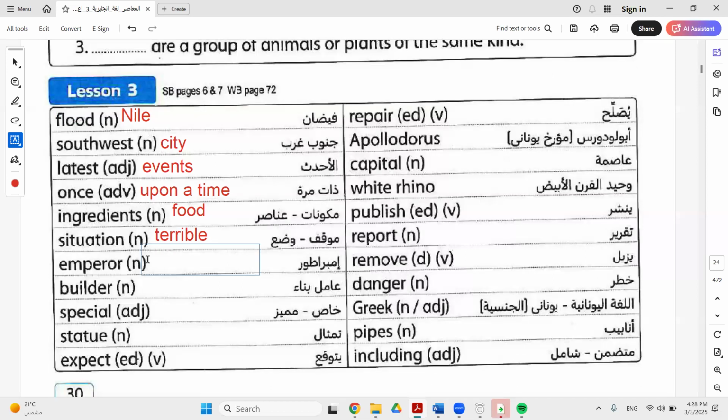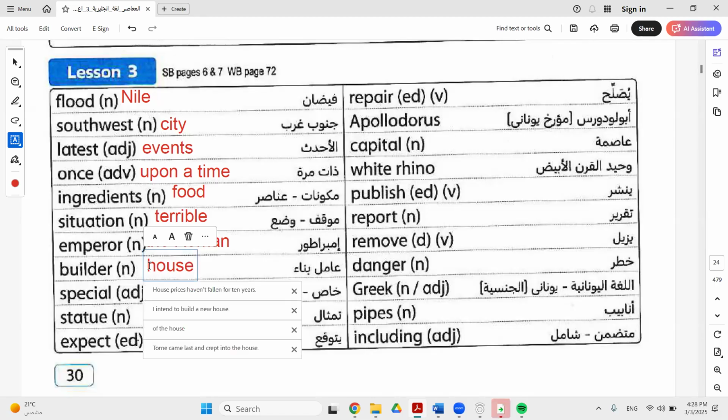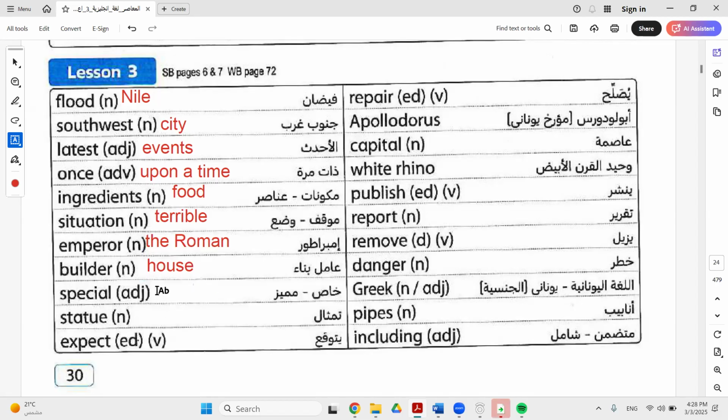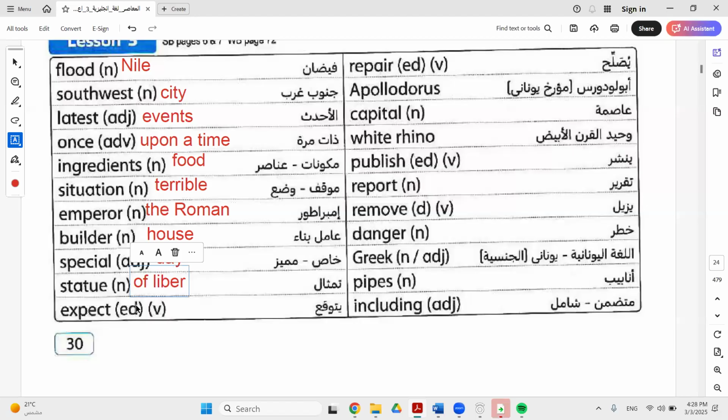I usually say the Roman emperor. Builder, like a house builder. My uncle is a house builder. Special, for example, special event. Statue, like Statue of Liberty. تمثال الحرية. Statue of Liberty.